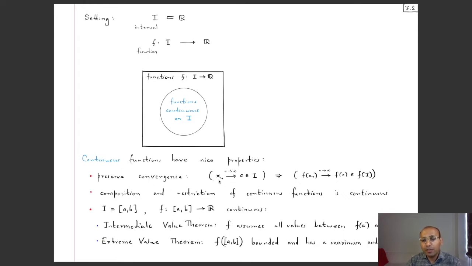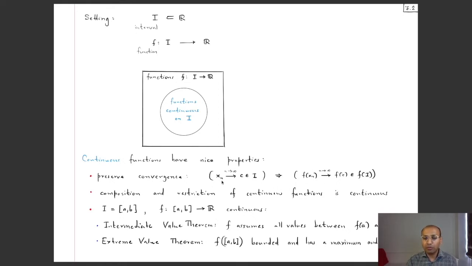Whenever you have a sequence which converges to some point in that interval, and you look at the new sequence, which is f of xn, where xn are the terms of the old sequence, then that new sequence is also convergent, and in fact the limit of this new sequence is f of the old limit.